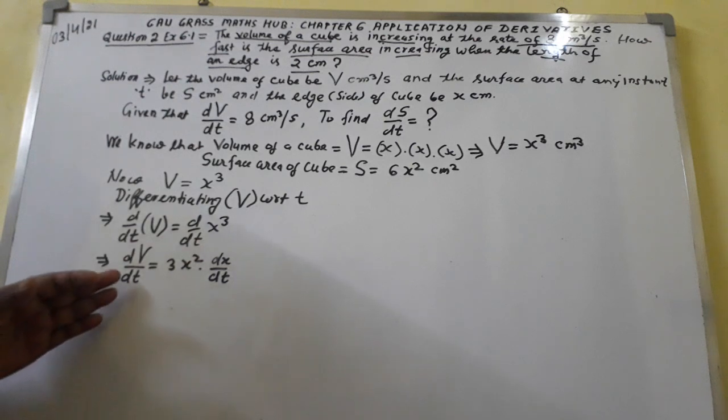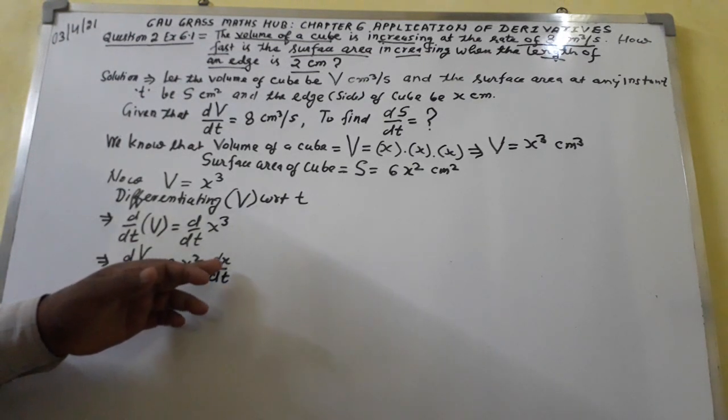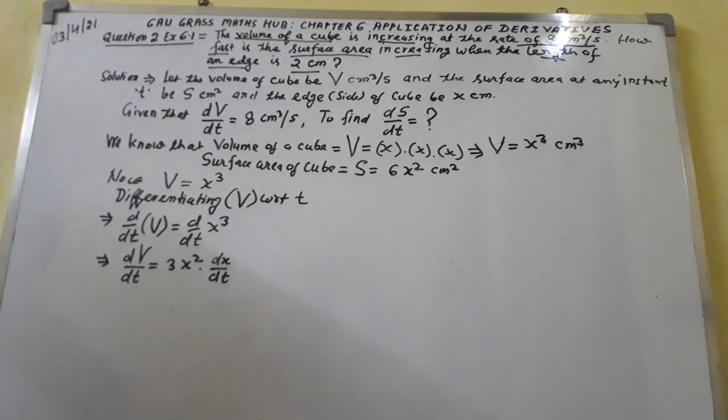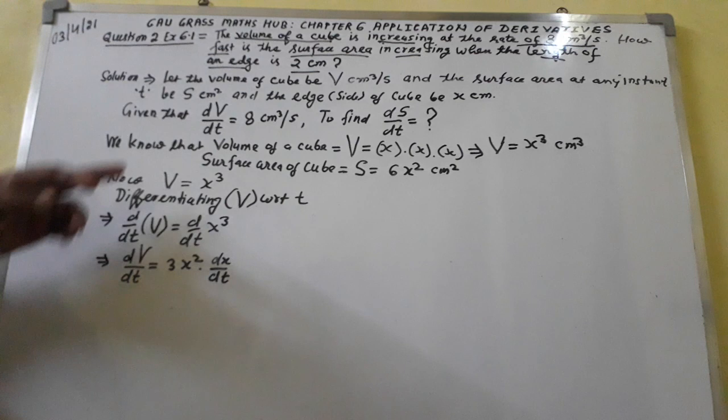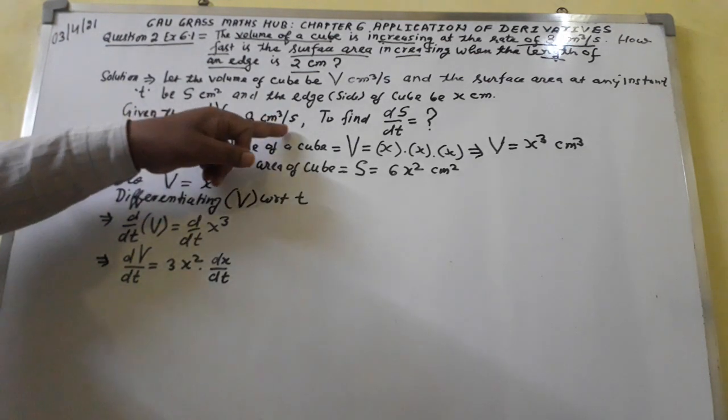So you have got dV over dt equal to 3x square dot dx over dt. And now here it is given dV over dt is equal to 8 centimeter cube per second.